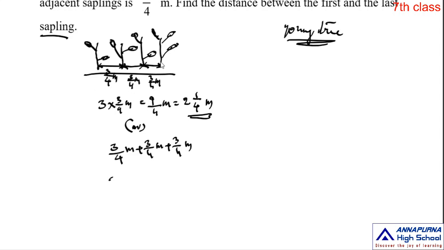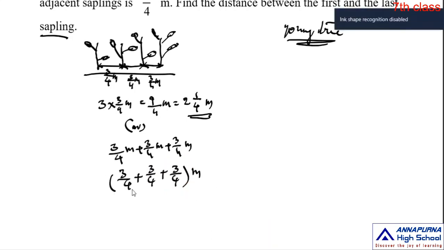So this is the distance between first and last sapling. From here to here the total distance is 3 by 4 plus 3 by 4 plus 3 by 4 meters.